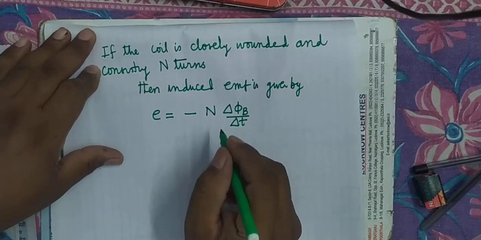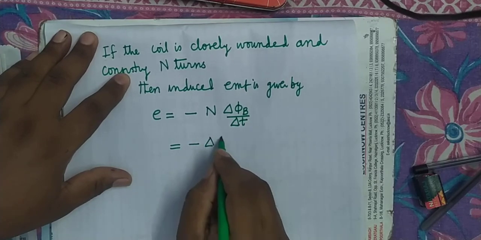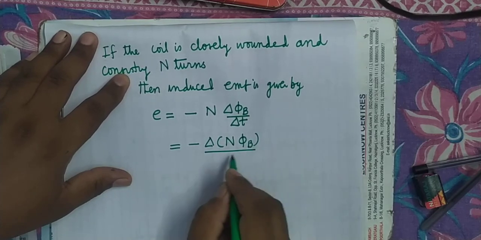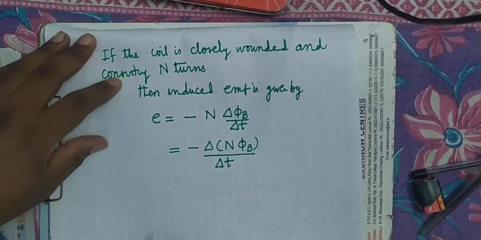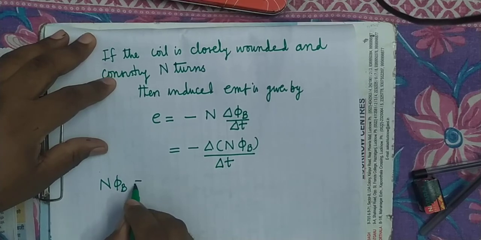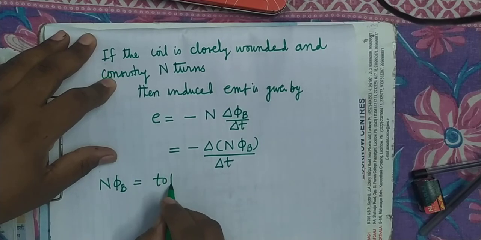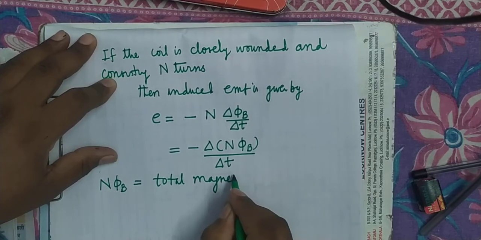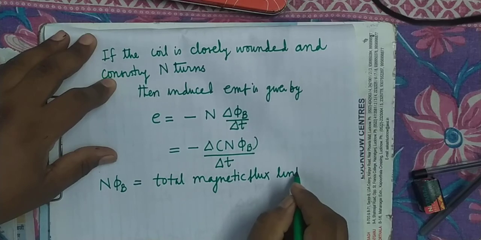It's clear this, or we can write it as minus delta n phi B upon delta t. What is n phi B? It is called the total magnetic flux linkage, the flux linkage through the coil.